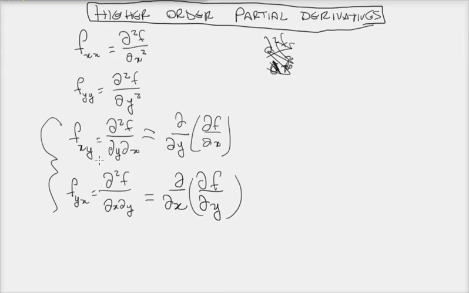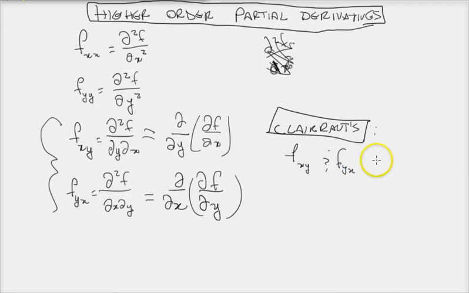But now we can talk about a theorem that relates these two higher order derivatives right here, and that is called Clairaut's theorem, and its French name is spelled like that. And basically what it says is that if both of these higher order derivatives, f sub xy and f sub yx, are continuous, so no holes, no jumps, or anything like that, then f sub xy is actually equal to f sub yx.